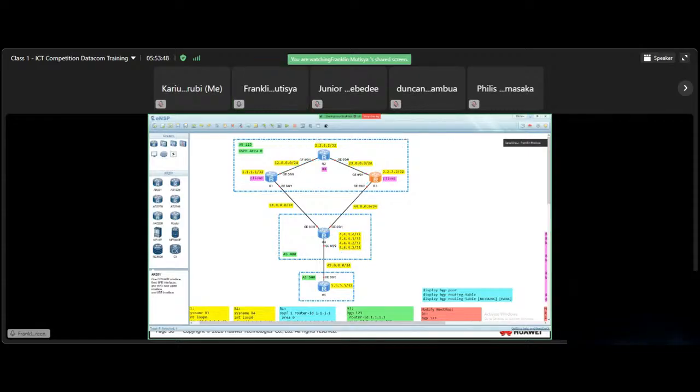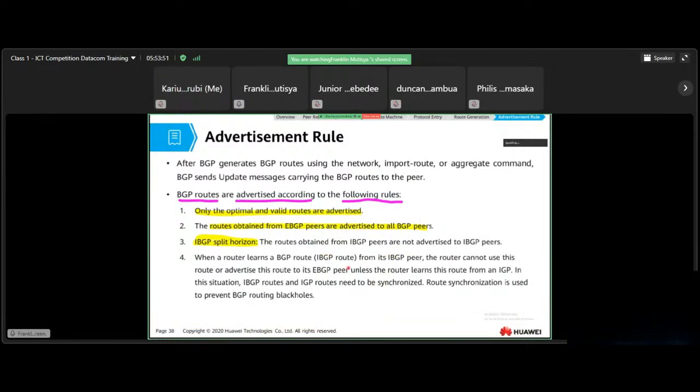I hope that is clear. So IBGP routes are not advertised to other IBGP peers. That's what we call IBGP split horizon. The routes obtained from IBGP peers are not advertised to other IBGP peers.